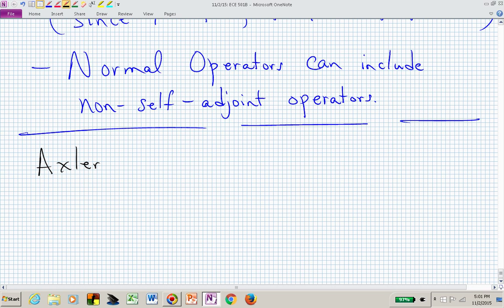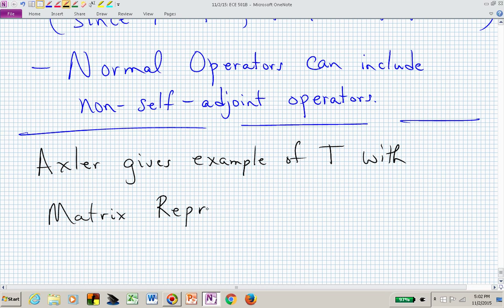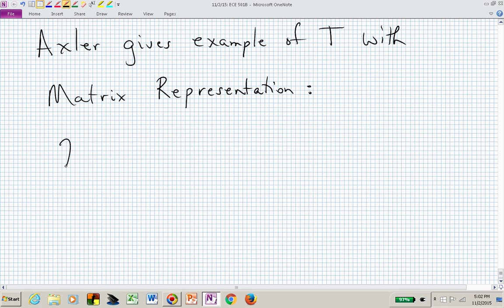Let's look at an example. So Axler gives an example of a linear operator T with the following matrix representation. Suppose that this matrix representation of the linear map T is 2, minus 3, 3, 2.